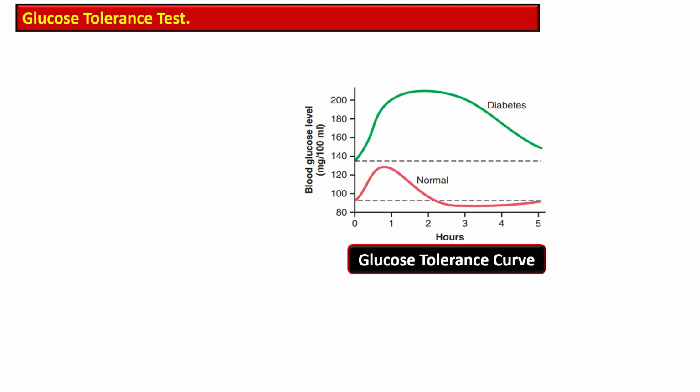So this graph compares the glucose level over time between a normal individual and a person with diabetes mellitus after glucose ingestion. The red line, that is the normal curve, starts at the fasting blood sugar of 90 milligram per 100 ml, peaks at about 120 to 130 milligram per 100 ml within the first hour after glucose intake, and returns to baseline in 2 hours.